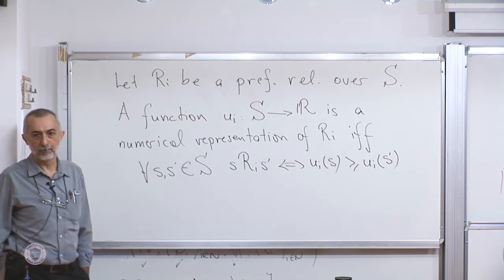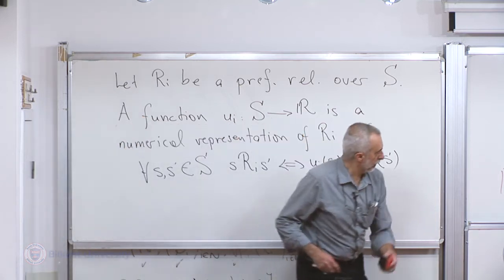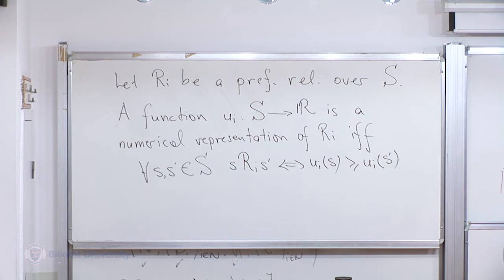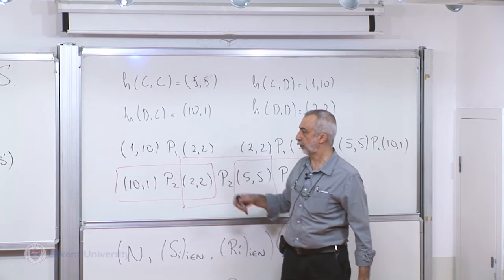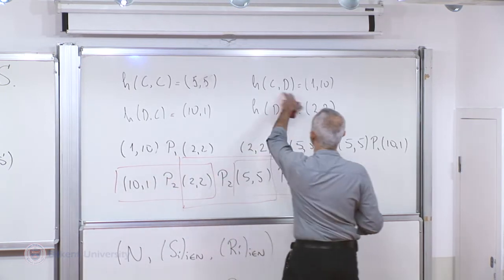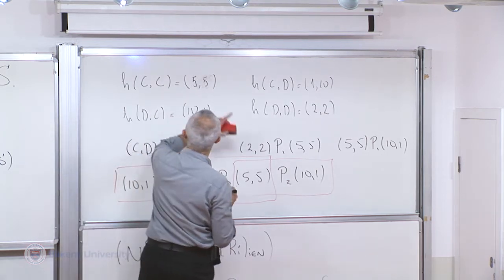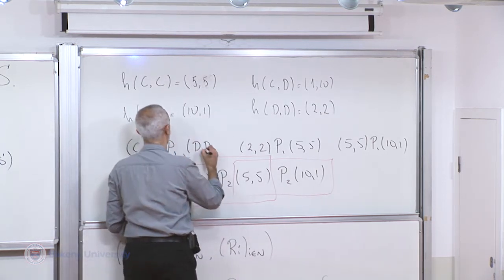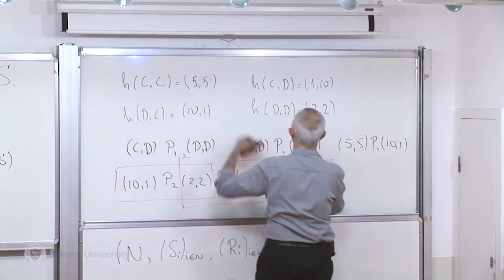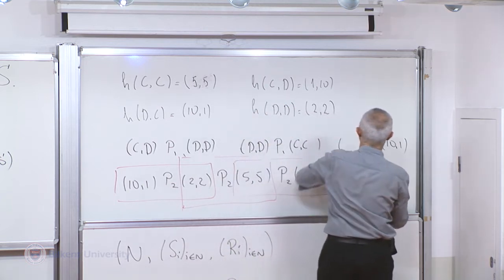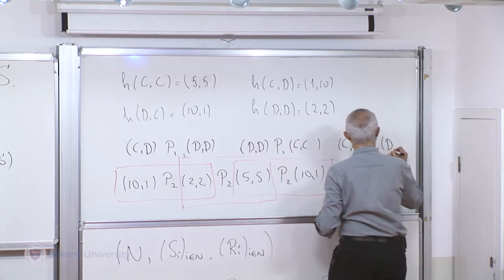Any questions? Okay, actually, let me change this. Let me write the preference relation over strategy profiles rather than over outcomes. So CD, then DD, then CC, then DC.